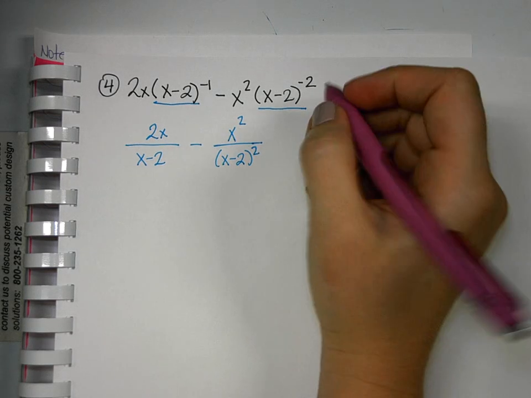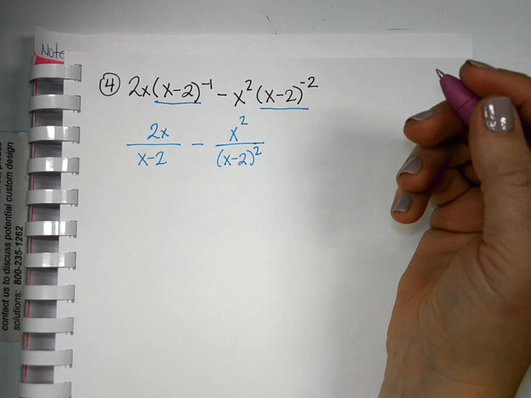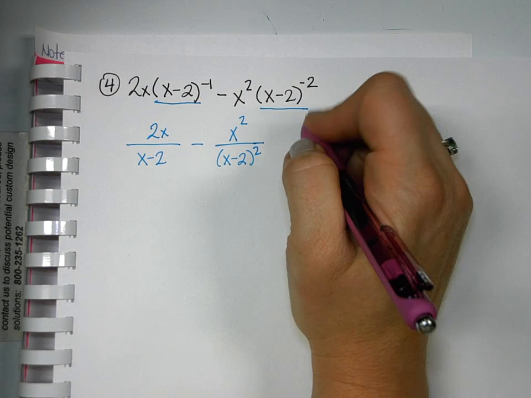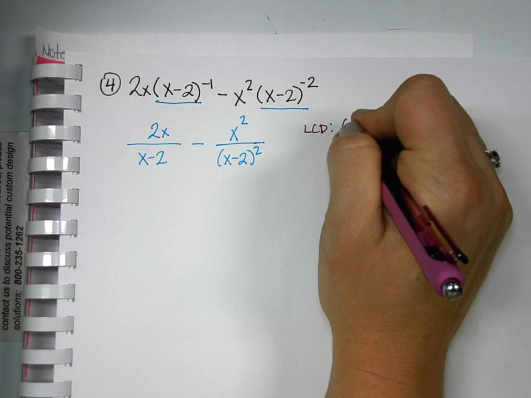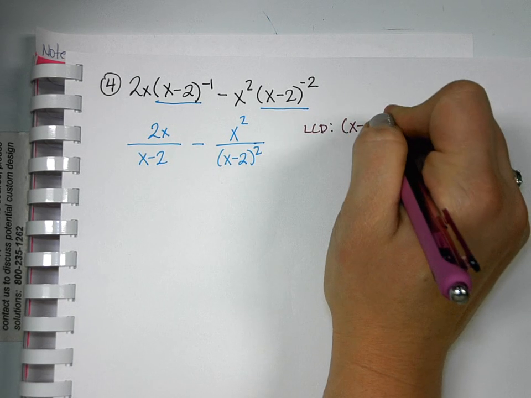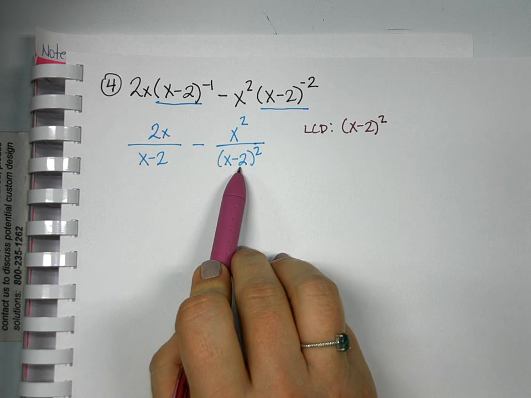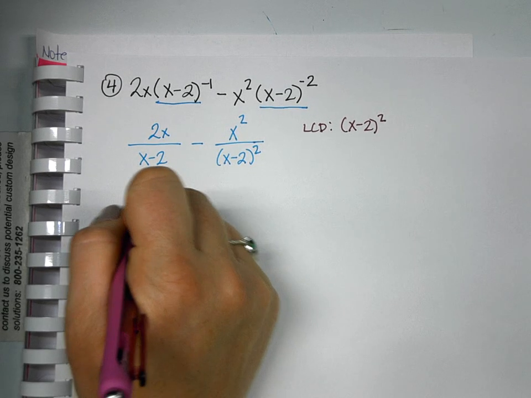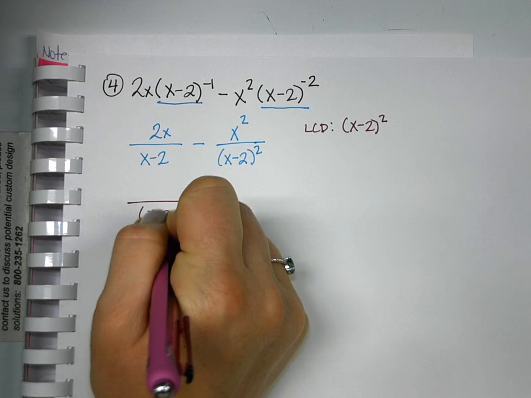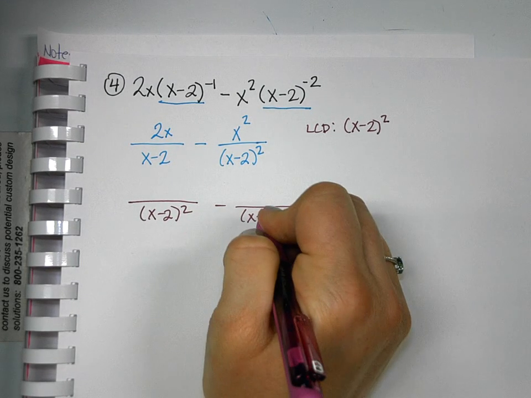Since I have just two separate fractions being added, we can again do this like number 1. So I'm going to find my LCD, which in this case will be x minus 2 squared, because this has 1 x minus 2, this has 2, so I have to account for the larger number. So x minus 2 squared and x minus 2 squared.